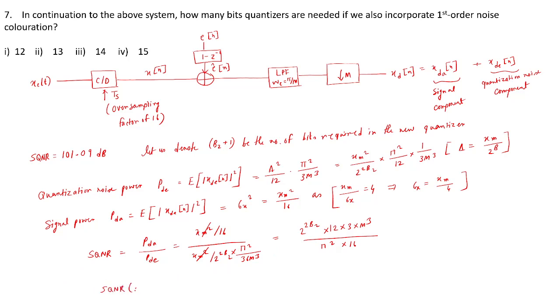SQNR in dB, we just take log 10 on both sides, 10 log base 10 of 2 to the power 2 B2, plus we sum up all these constant terms in one way, that is 36 divided by 16 pi square, and plus 10 log 10 M cube.